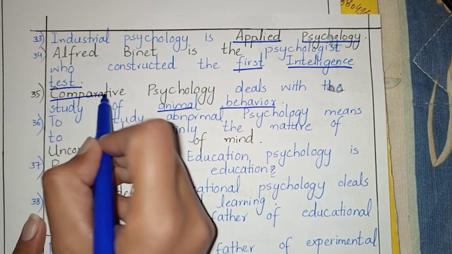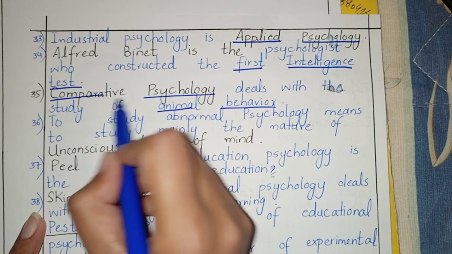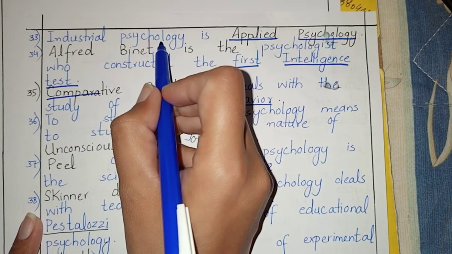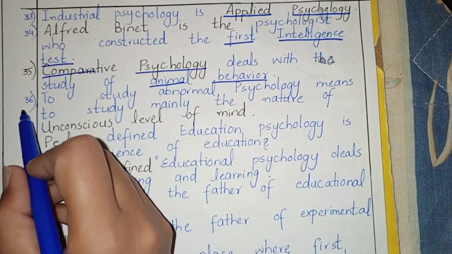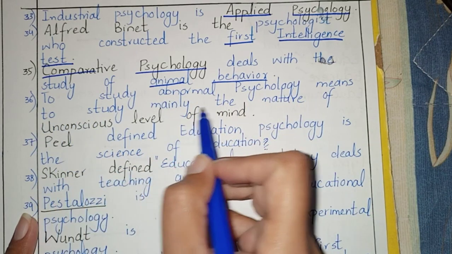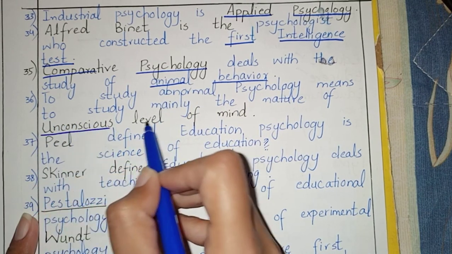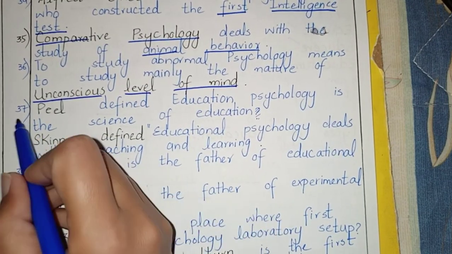That is comparative psychology. There are many types of psychology, that is comparative psychology, industrial psychology, educational psychology. Question number 36. To study abnormal psychology means to study mainly the nature of the unconscious level of mind, which is abnormal psychology. Question number 37.